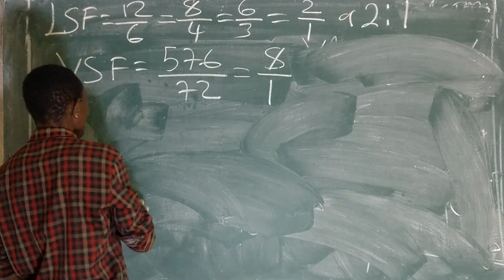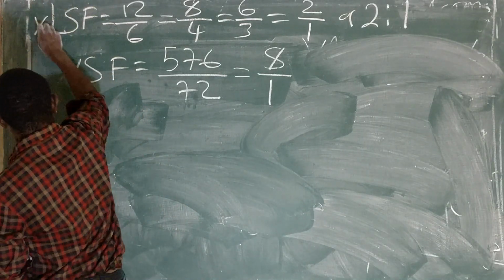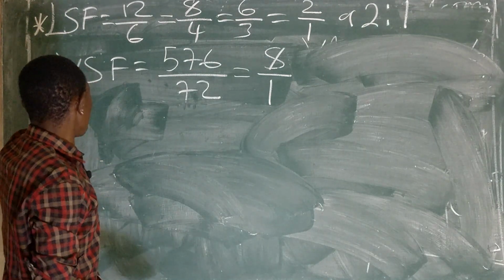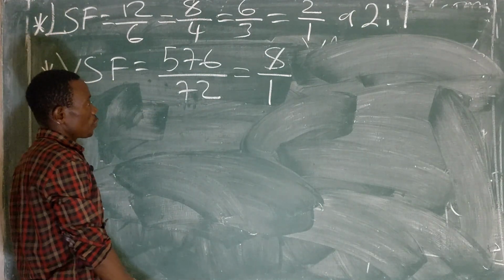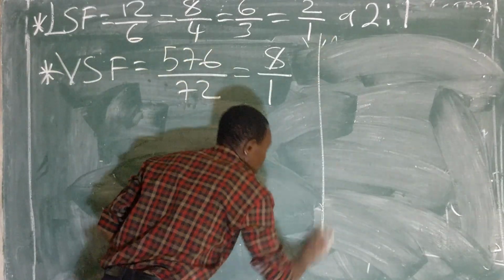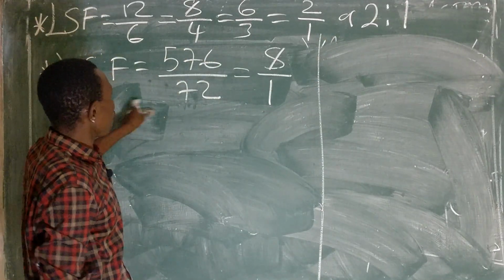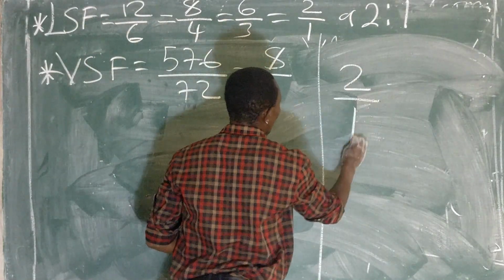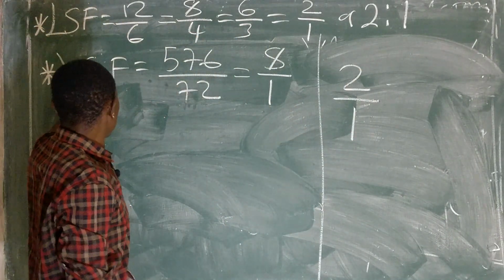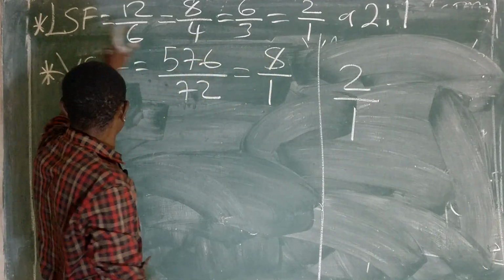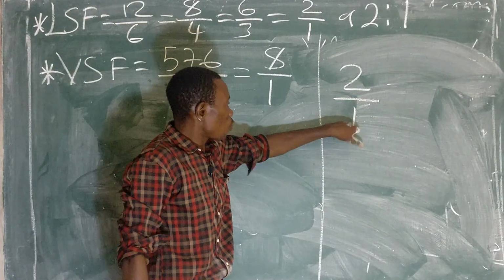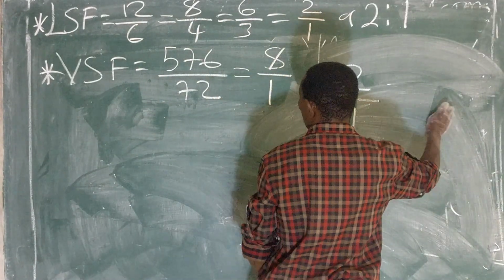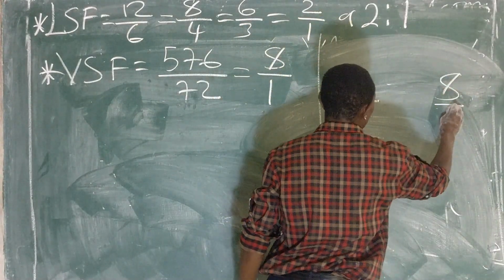You'll be able to see how the two ratios compare, the linear scale factor and the volume scale factor. The linear scale factor is 2 to 1 versus the volume scale factor of 8 to 1.